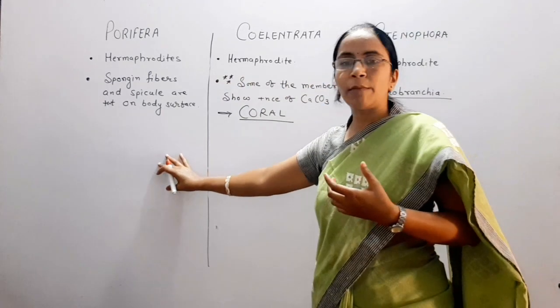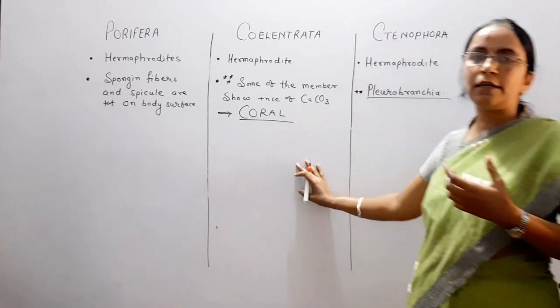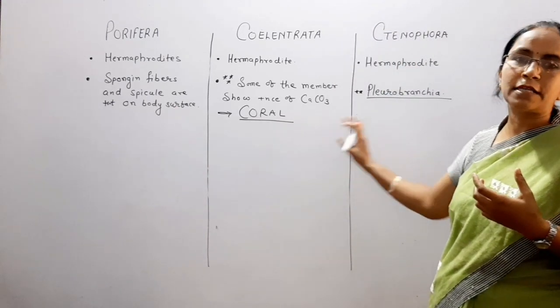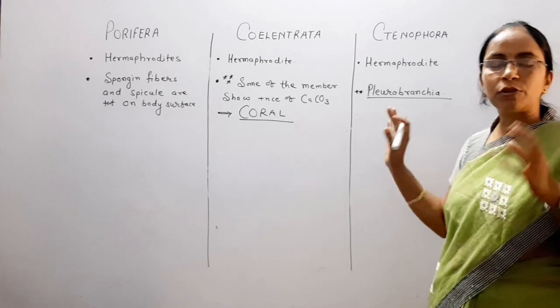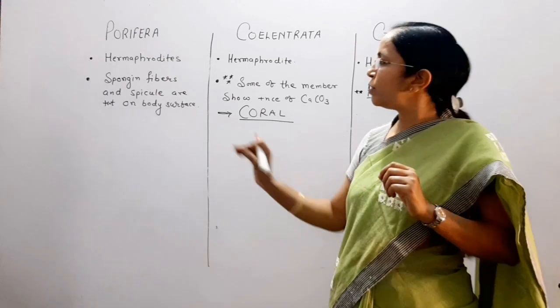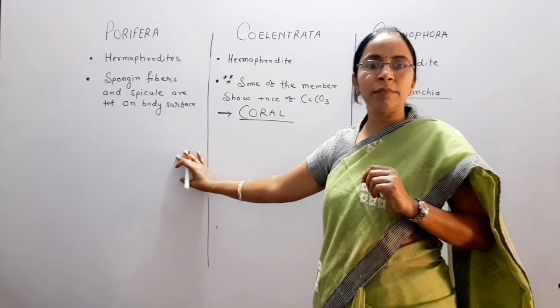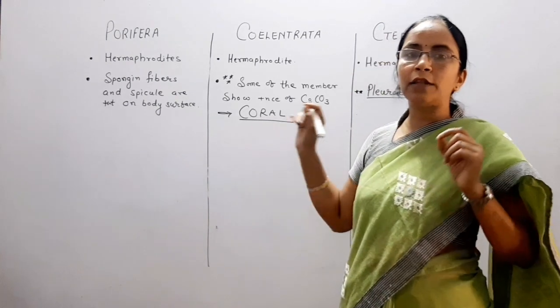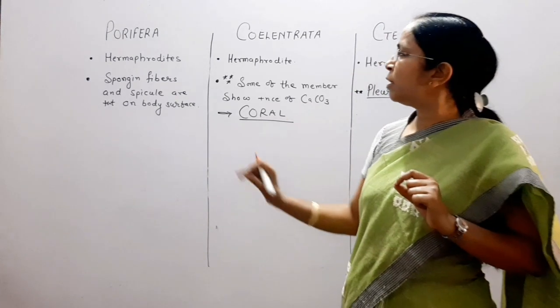Questions come from the digestive system. Porifera have intracellular digestion, whereas Ctenophora and Coelenterata have intracellular as well as extracellular digestion. These are some important things that are repeatedly asked in exams, so prepare that part in the form of comparative analysis.